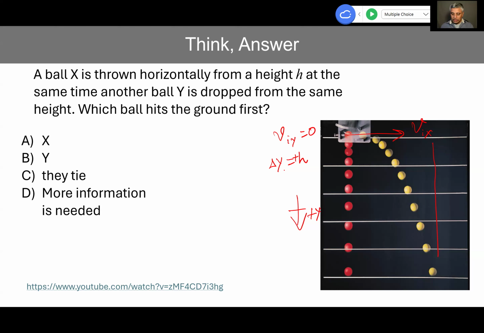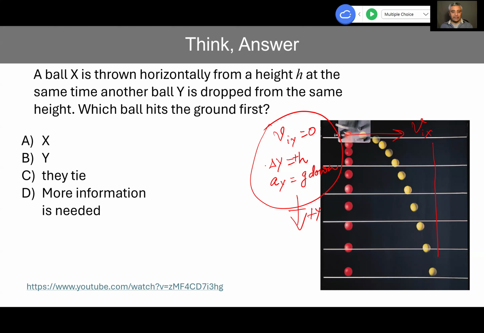And we know both of them are in free fall, so the acceleration in the y direction is g down. Three things the same means you can solve for time and you should get the same time. So that's the reason they tie. The time is the same for both.